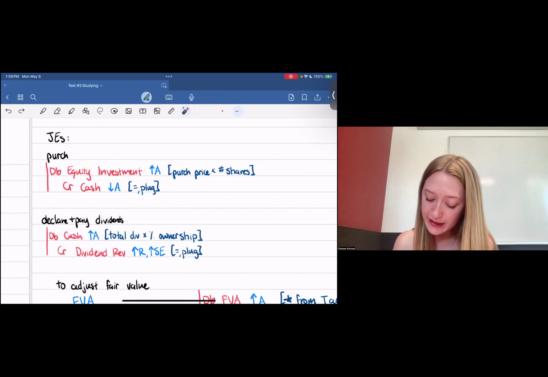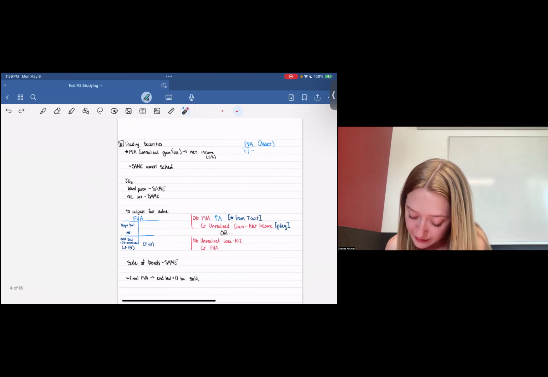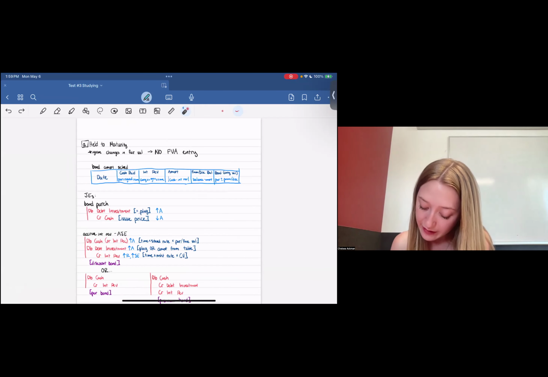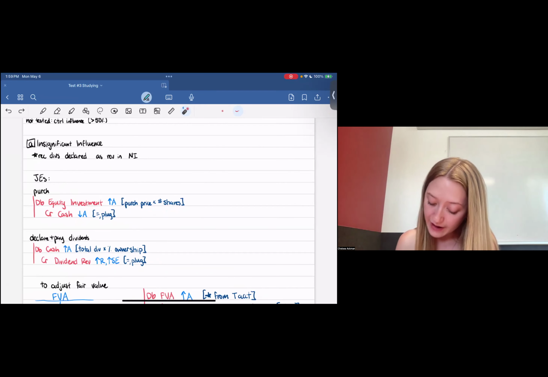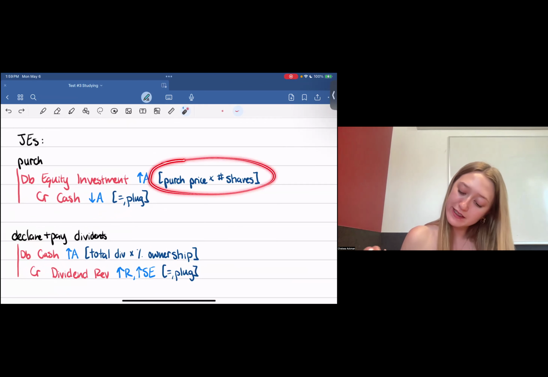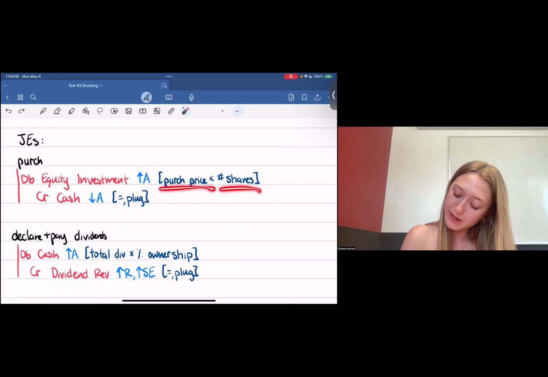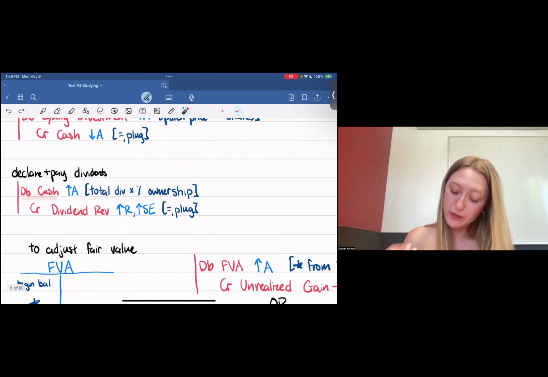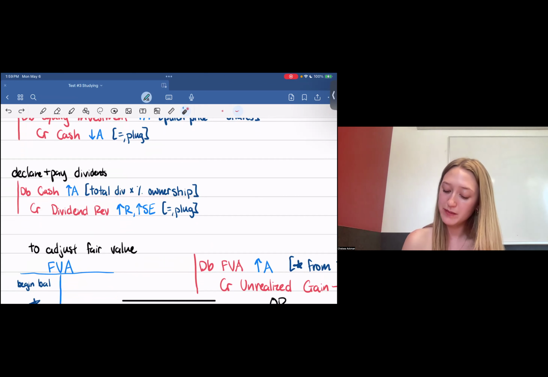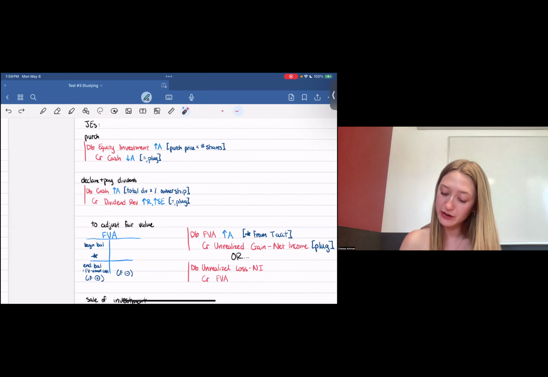For equity securities, it's the same, except we're debiting equity investment instead of debt investment, and the amount is a little bit different. It's the purchase price times the number of shares. For dividends, we debit cash because we're receiving cash when we get our dividend, which is the total dividend times the percent ownership, and then credit dividend revenue.